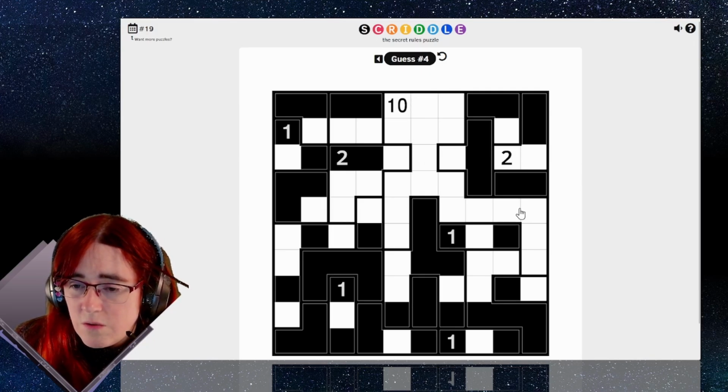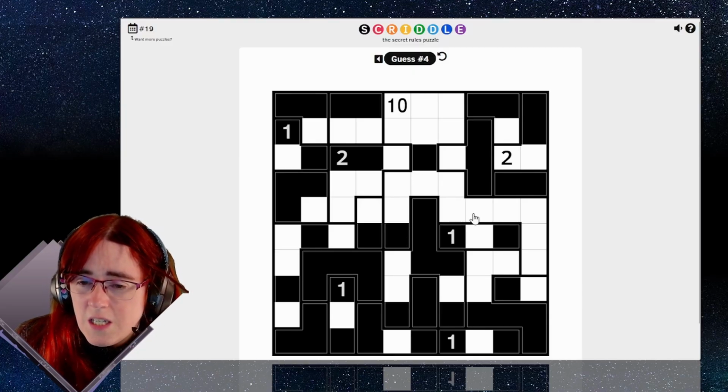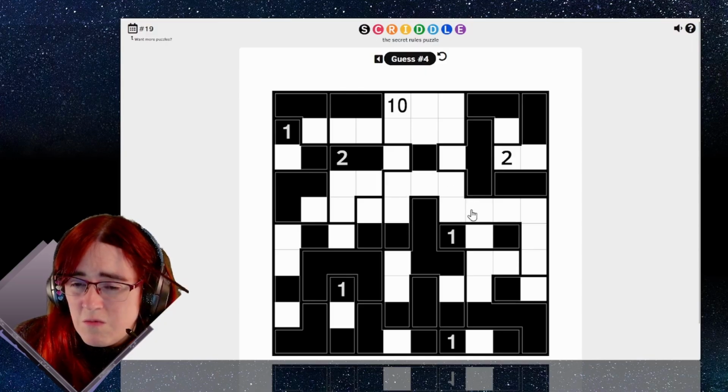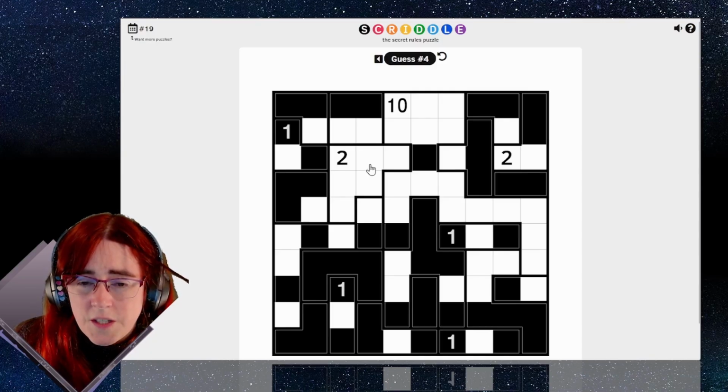We could 1, 2, 3, 4, 5, 6, 7, 8, 9, 10. So we could shade those 2 as our 2, and that gives us a group of 10 unshaded. Maybe that's what we're looking for here. For this one, to make a group of 2, we would need to do something like that.